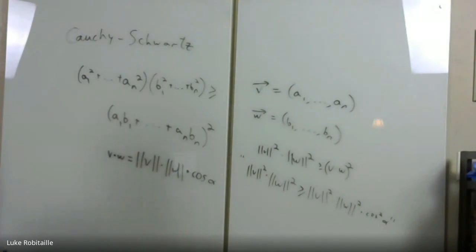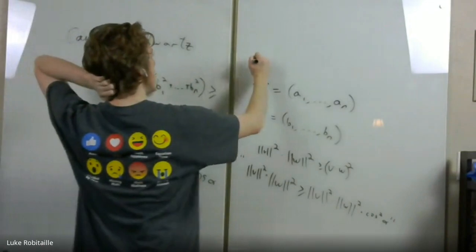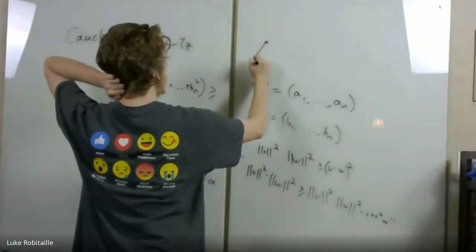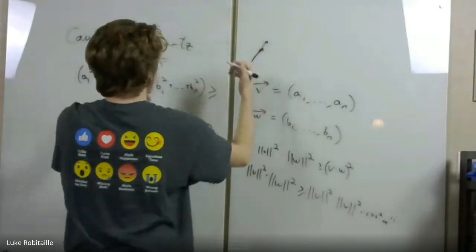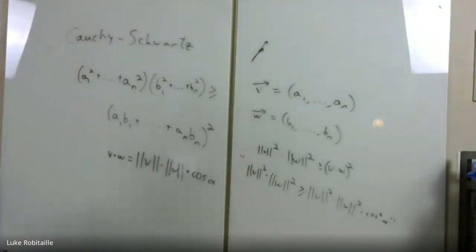And so this gives you a hint as to what the equality case is: when they're all 0, or when the vectors point in the same direction, if you want the angle between them to be 0. And so to be more rigorous about it, how do I want to say this? There are a couple of different proofs.